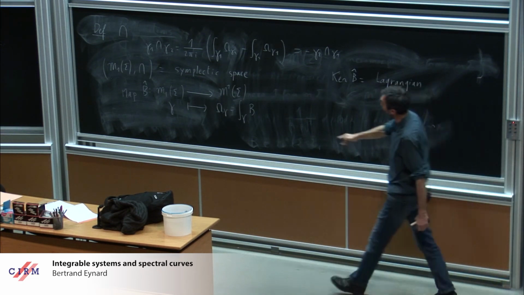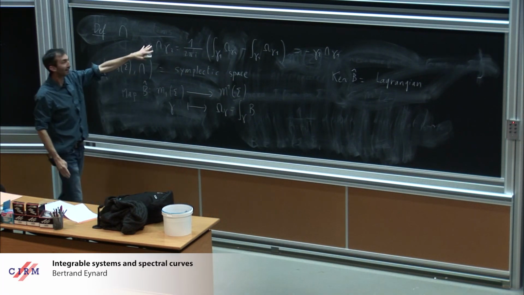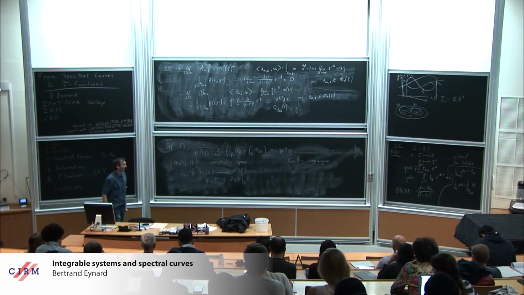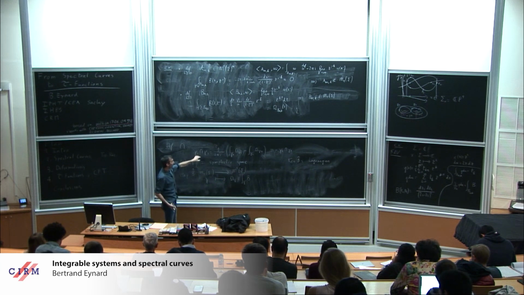Of course, because in the kernel, both omega gamma 1 and omega gamma 2 are vanishing, so clearly the intersection is vanishing. Another remark is that for usual cycles, this is the usual intersection.